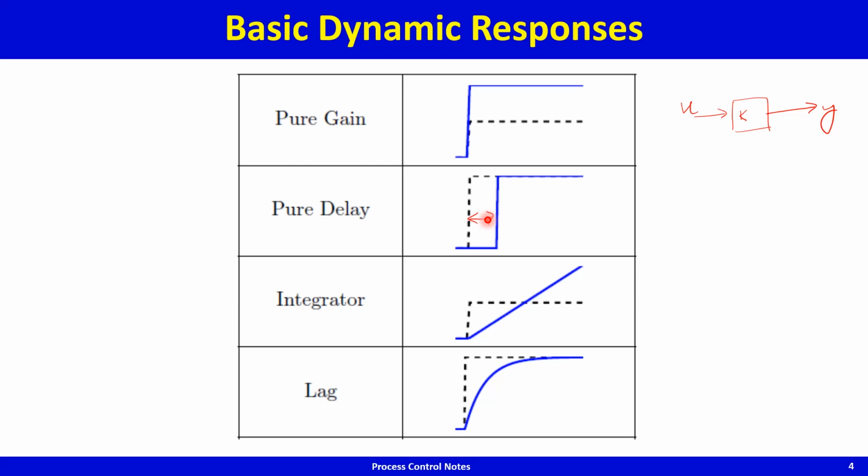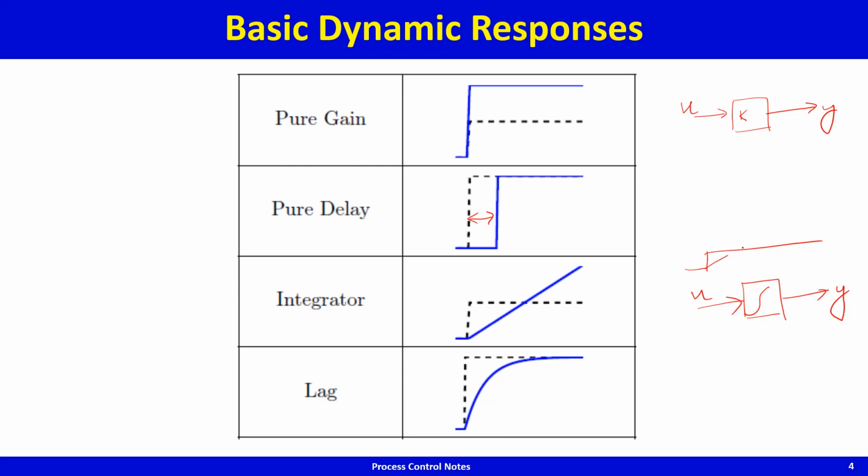You could also have an integrator. What is an integrator? Well, an integrator is nothing but, you have an input to a process, you simply integrate the input and that's your output. So u, y. So if you input a step to an integrator, the output would be integral of a constant is a ramp.